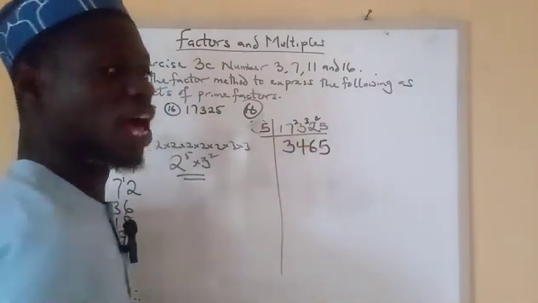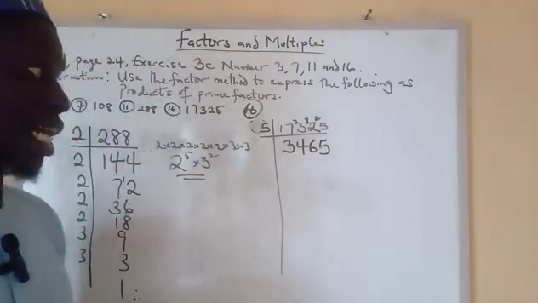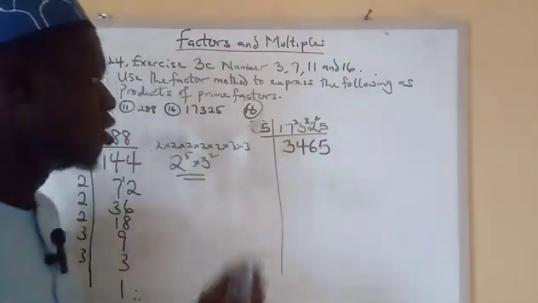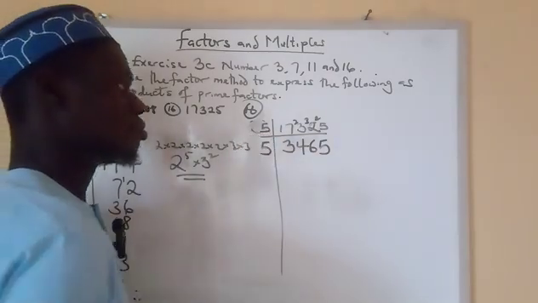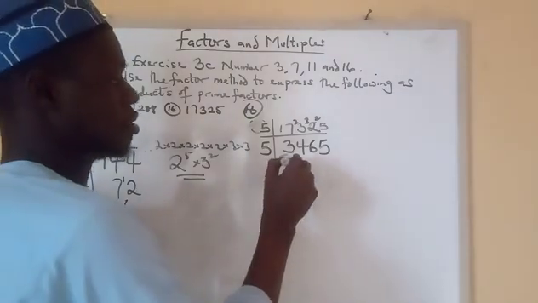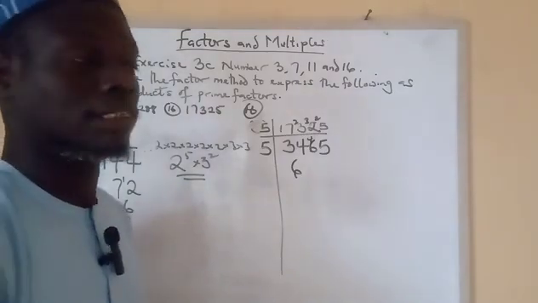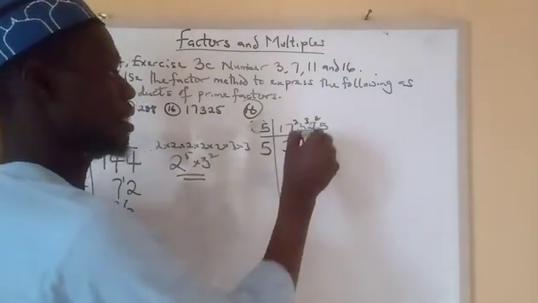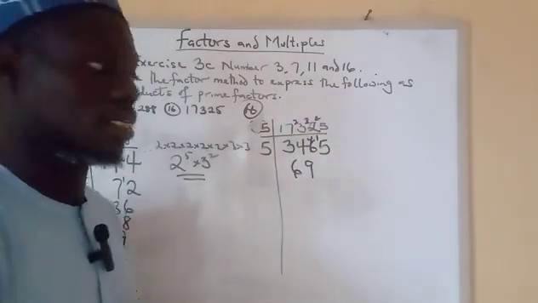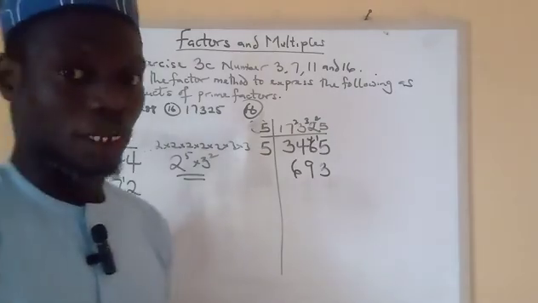We can still use 5 since the last digit of this number, 3,465, is also 5. So we use 5 also. 5 into 34, that is 6, remainder 4. 5 into 46, that is 9, remainder 1. Then 5 into 15, we have 3. Can we still use 5? The answer is no, we can't use 5.